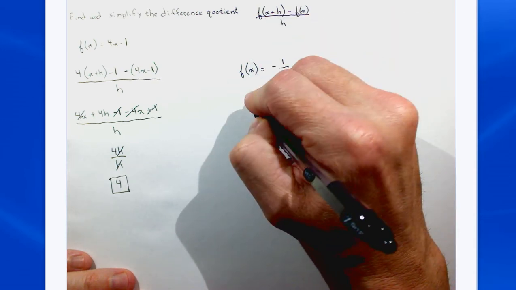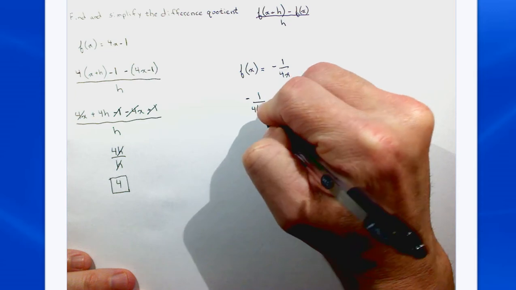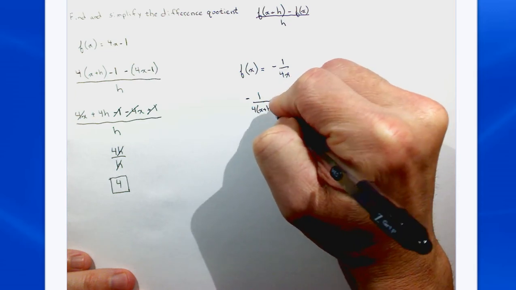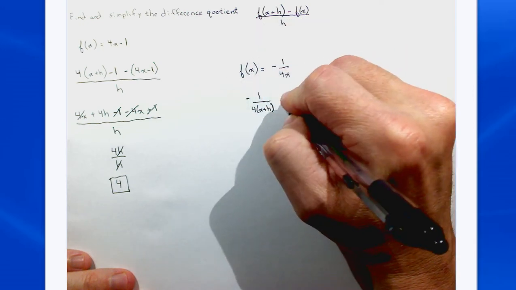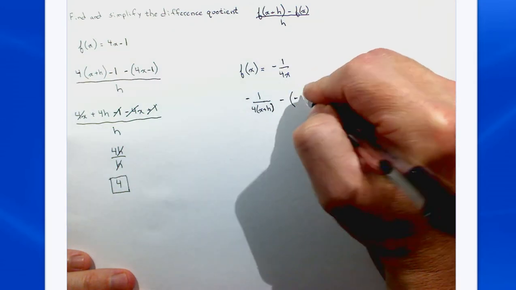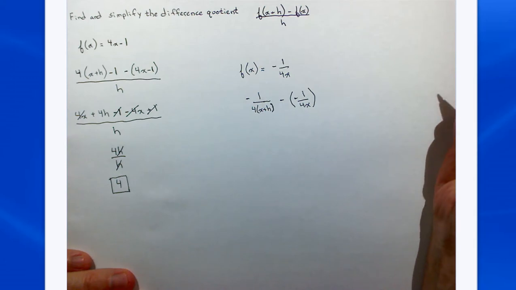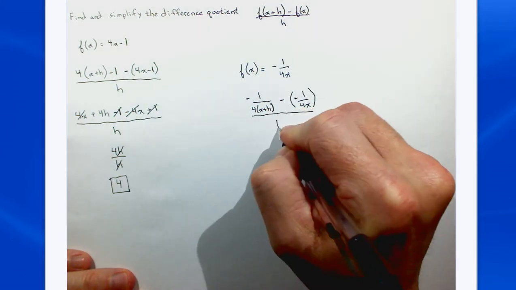So I'm going to have negative 1 over 4 times x plus h. That was this function notation here, minus negative 1 over 4x. That was f of x. And I put everything over h.